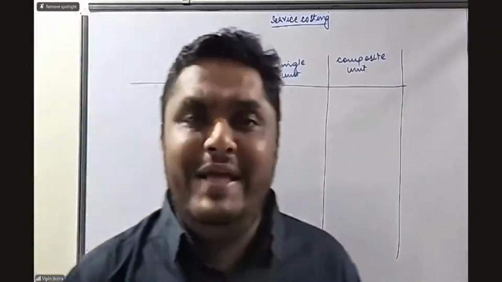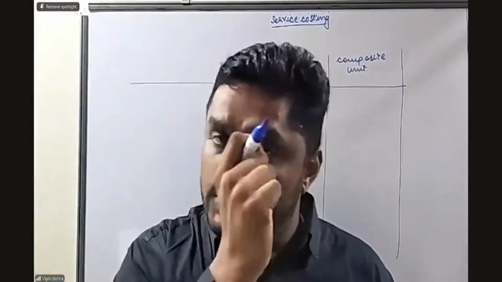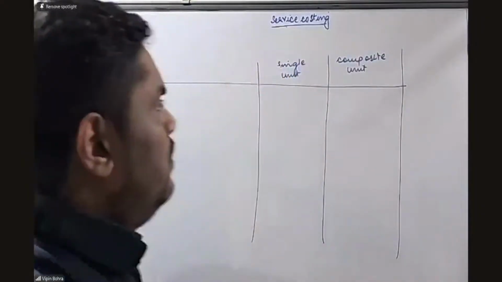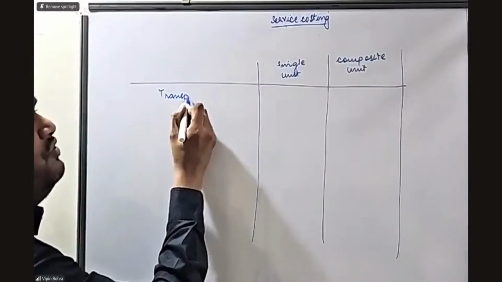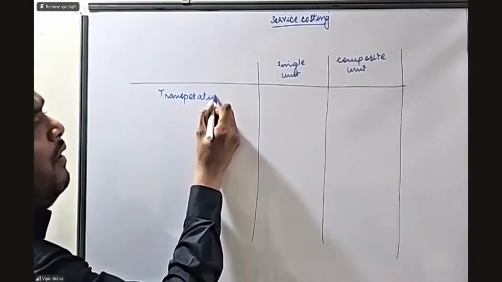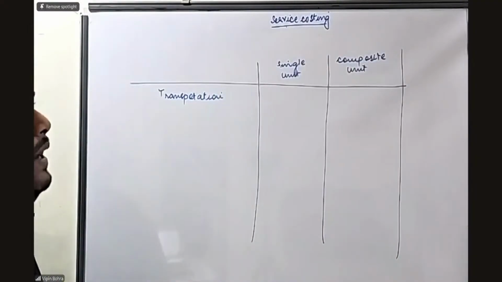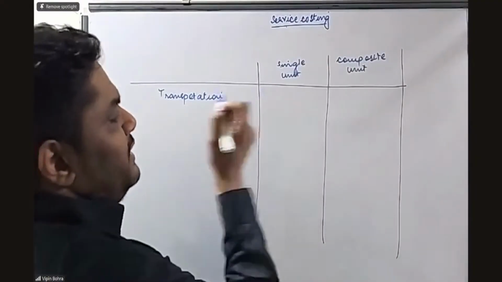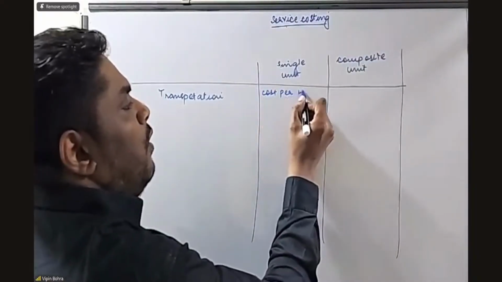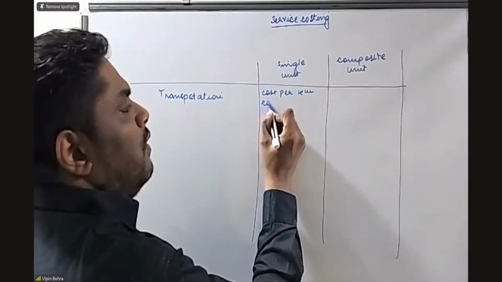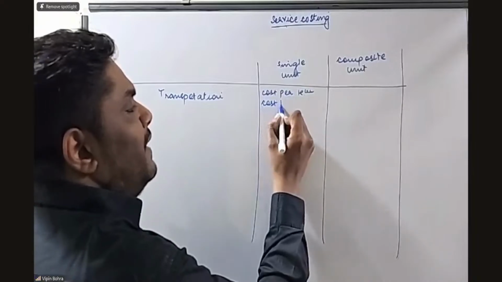I'm writing a few examples of single unit and composite unit. So when talking about the transportation industry, the single unit can be cost per passenger, cost per kilometer.